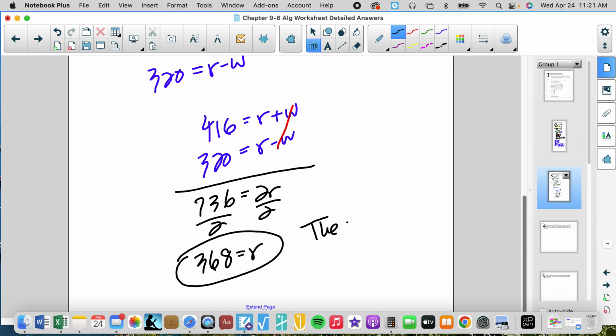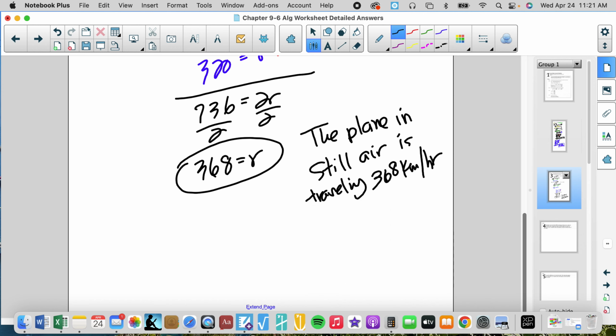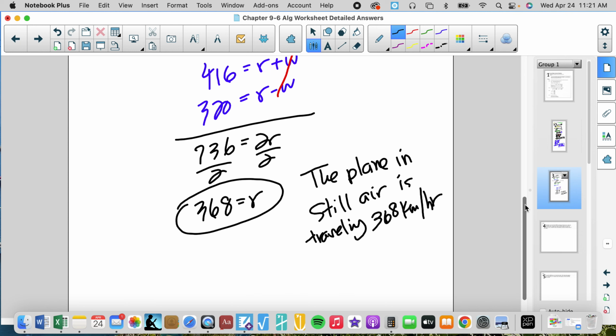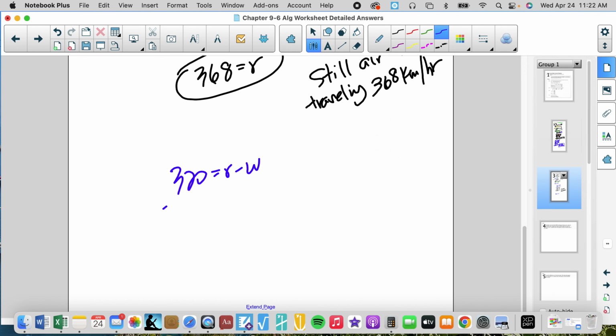The plane in still air is traveling 368 kilometers per hour. Now, if we want to find the speed of the wind, we can take either of those equations. We'll take 320 equals R minus W. We'll plug in the rate of speed, 368 minus W, minus 368 both sides.